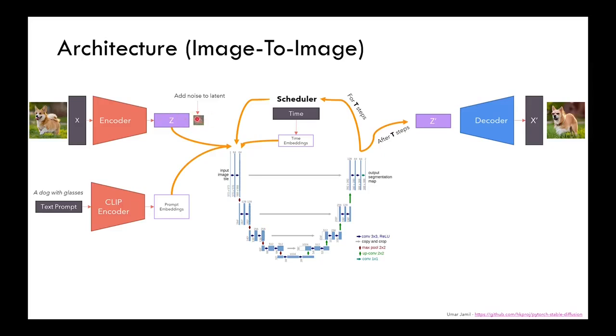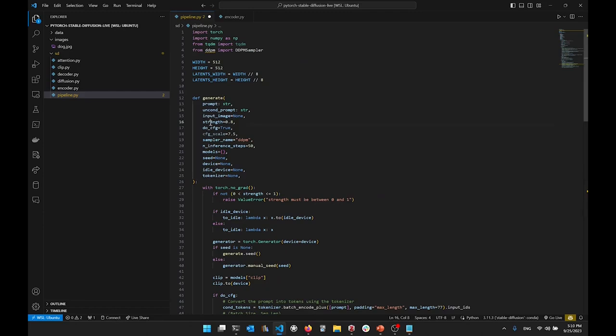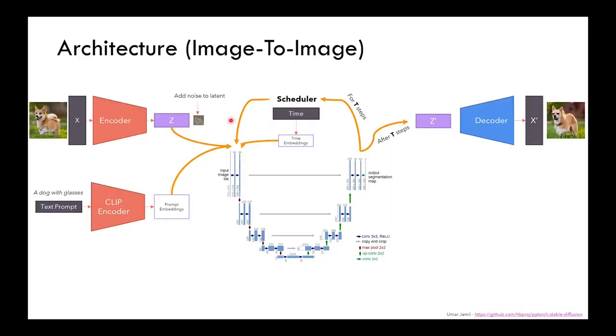We use our scheduler. The strength parameter that we defined here tells us how much we want the model to pay attention to the input image when generating the output image. The more the strength, the more the noise we add. So the model will be more creative, because the model will have more noise to remove and can create a different image.